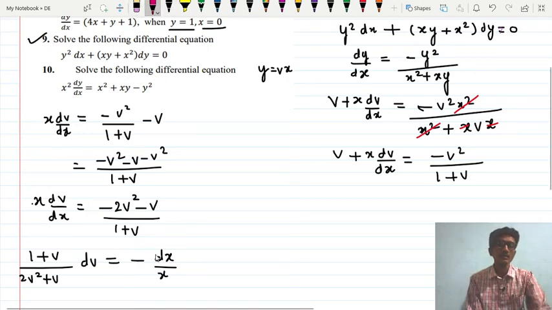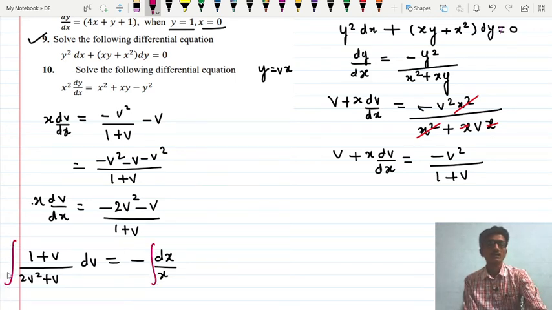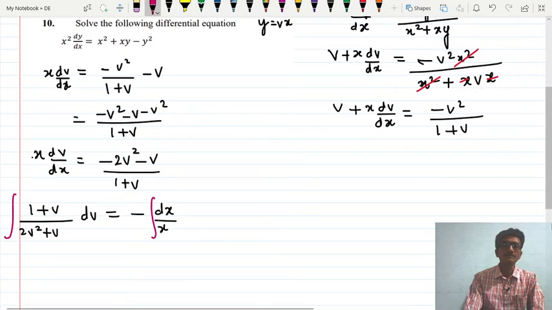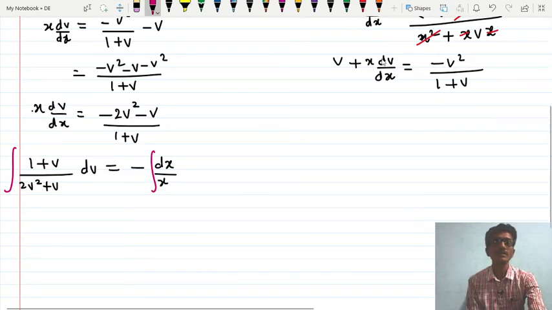Now we integrate this. This we can solve by using the partial fraction method. We use here the partial fraction method to solve this integration.